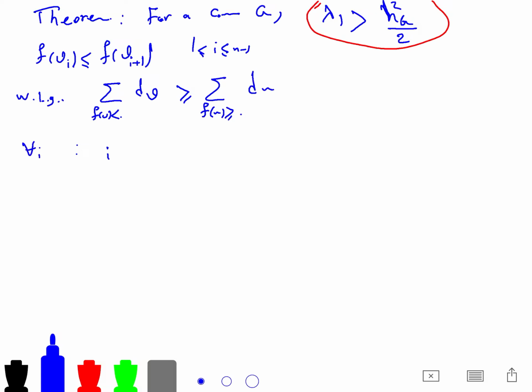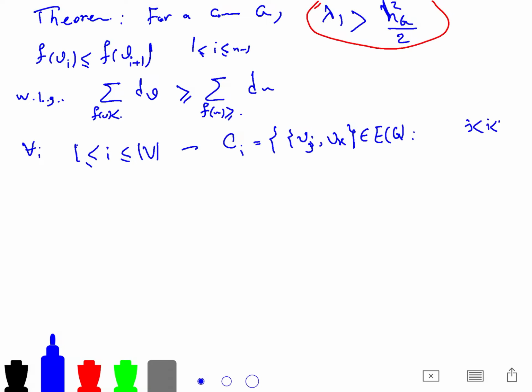Then for any i between 1 and n, we consider the cut C_i to be all the edges (v_j, v_k) such that j is less than or equal to i, less than k, less than or equal to n.